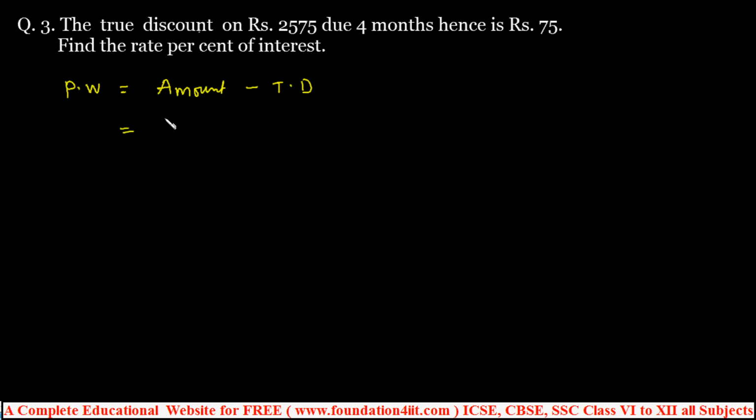So as per this question, amount is 2575 and discount is 75, right? 2575 minus 75 is 2500.